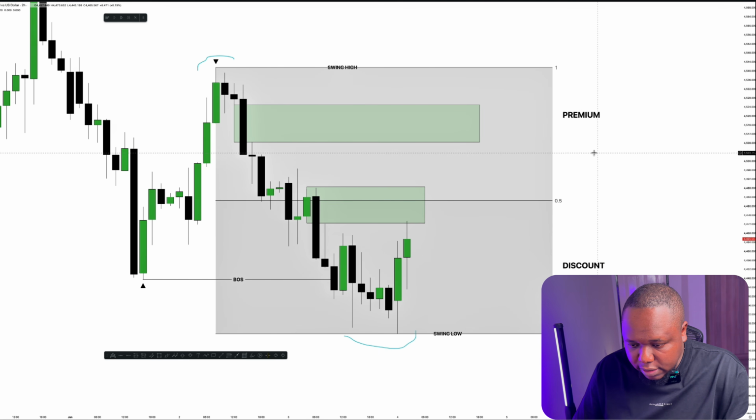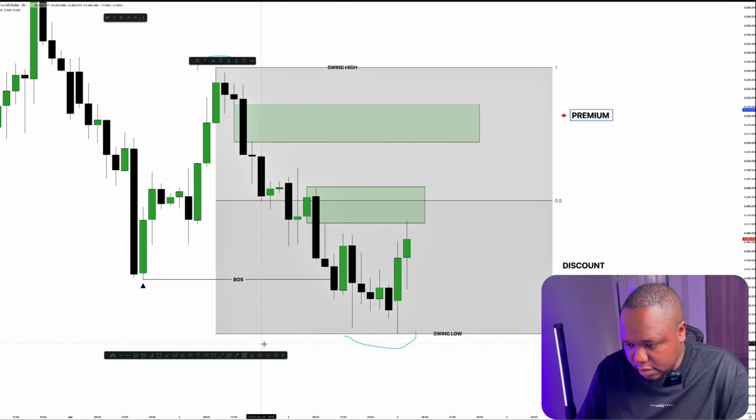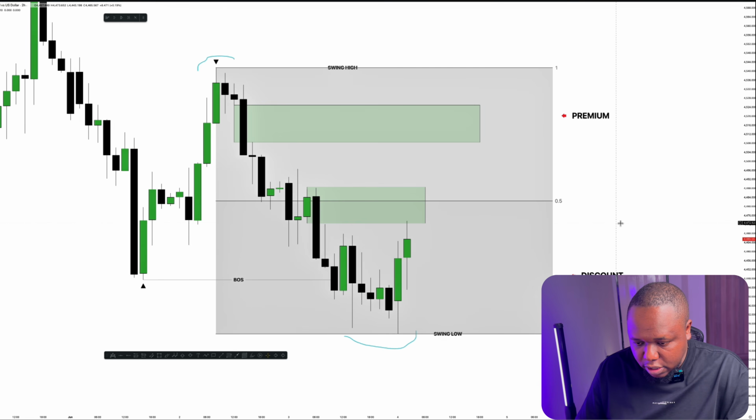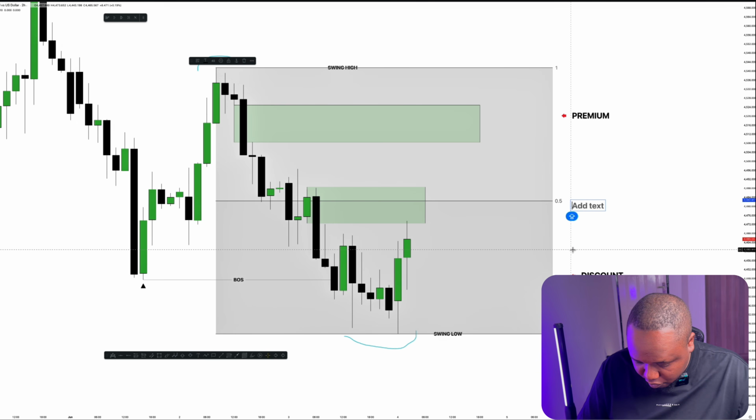So that's our premium price here. This is our premium price, and this is our discount price. Now the midpoint of the Fibonacci, which is the 0.5, is known to be our fair value price.